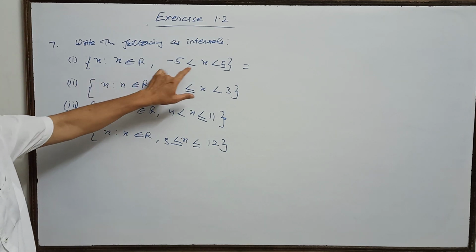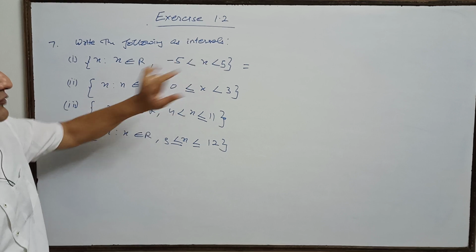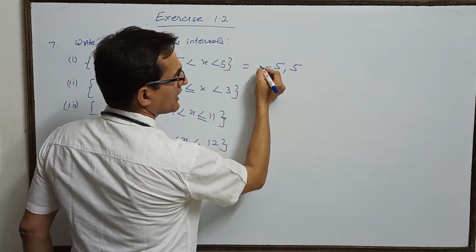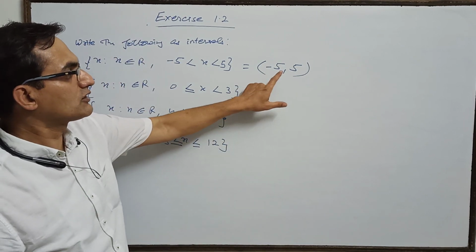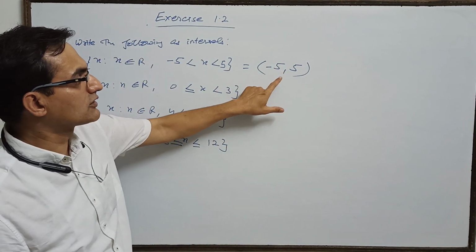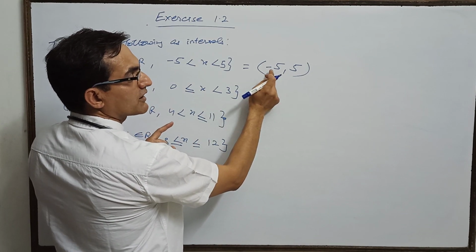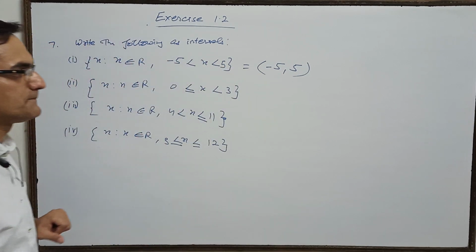Therefore this is open from both sides. So this is the open interval from minus 5 to 5. This interval has all the real numbers lying between minus 5 and 5, but minus 5 and 5 are not included in this.